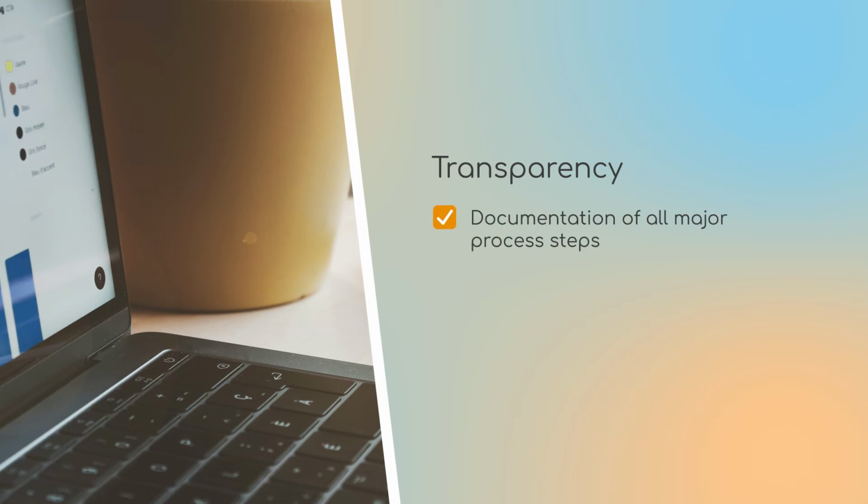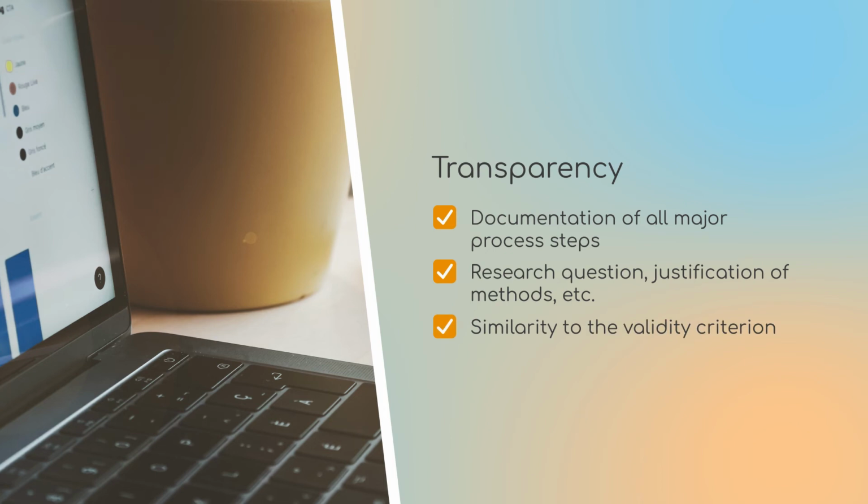This includes, among other things, clearly formulating the research question, presenting the survey context, justifying the methods used and describing their implementation, and explaining the data evaluation and interpretation. The criterion of transparency is similar to the criterion of validity in that it is about making visible whether what is actually being surveyed is what is intended to be surveyed.